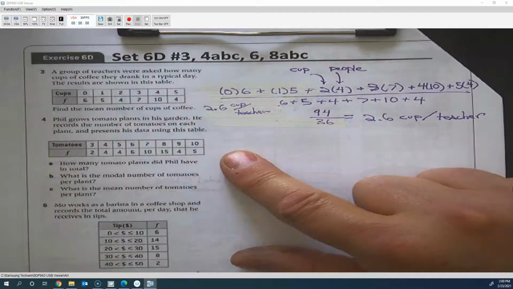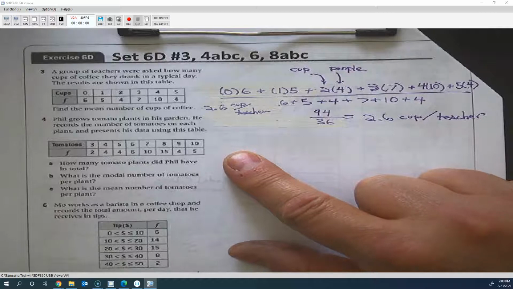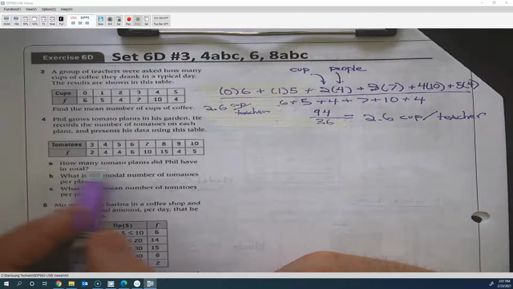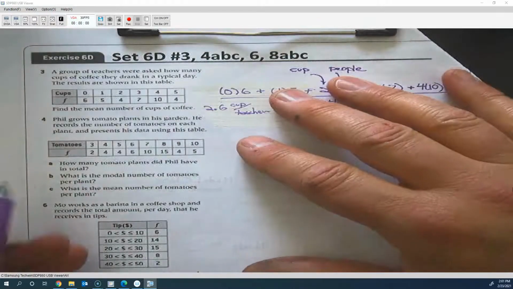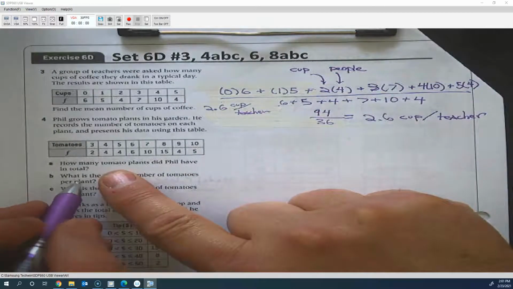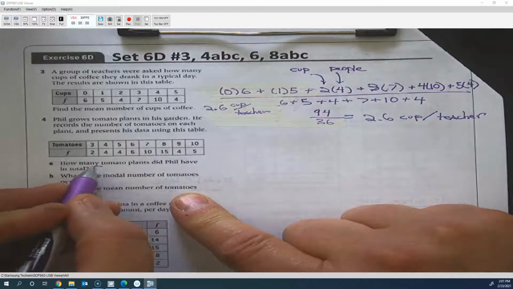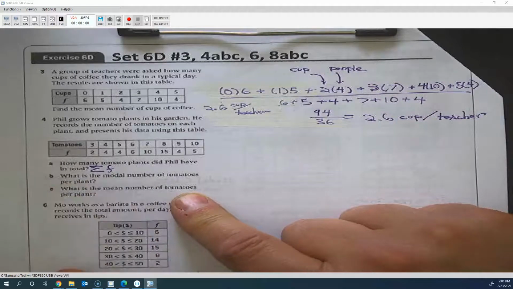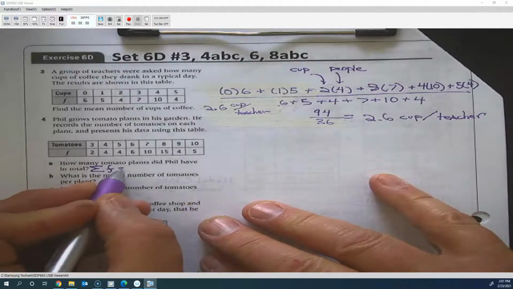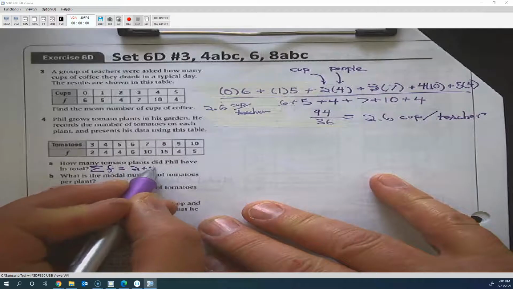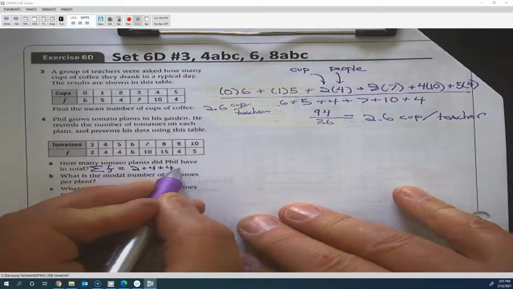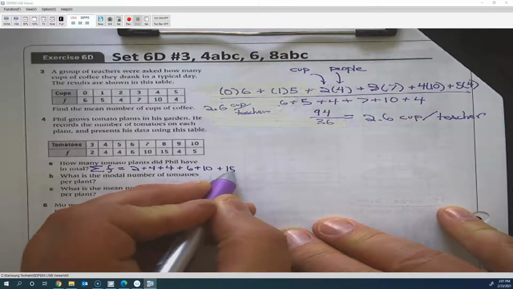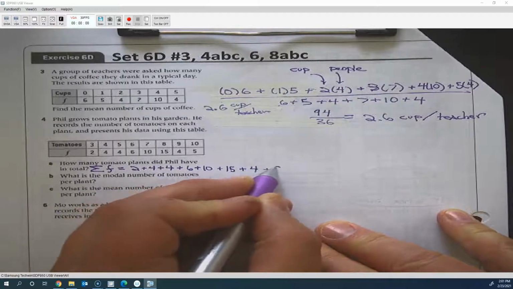So if we were doing number 4, on number 4, it's asking you how many tomatoes he had. So this is going to be the same as the sum of the frequency. So 2 plus 4 plus 4 plus 6 plus 10 plus 15 plus 4 plus 5.